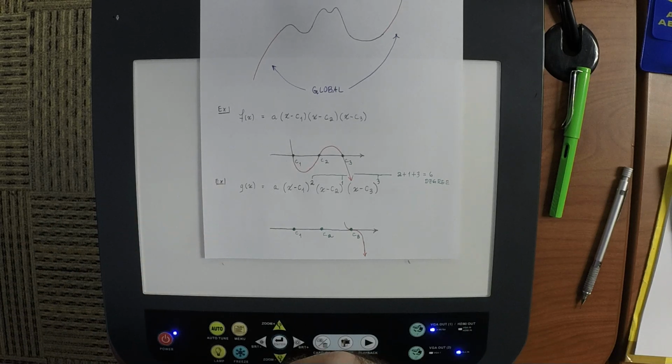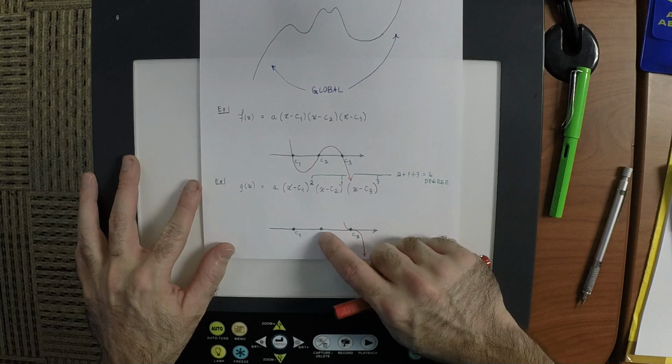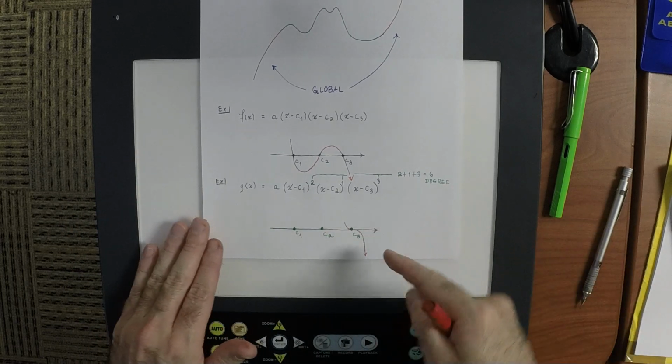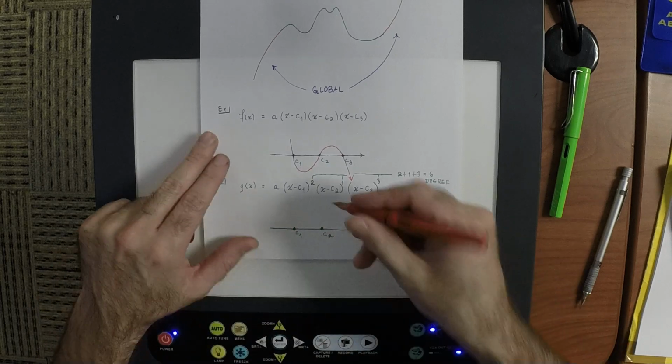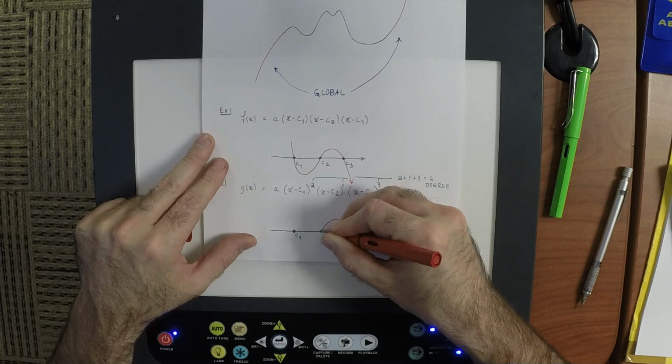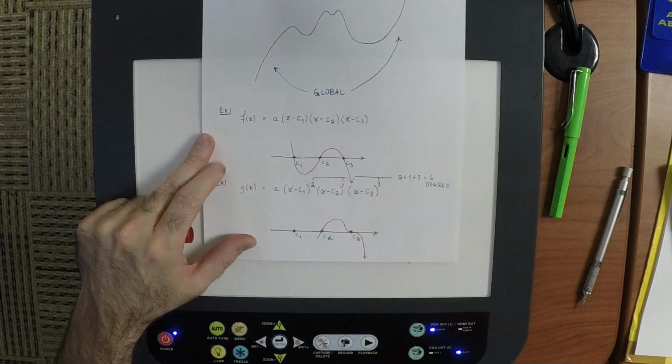So what is the shape of a polynomial of degree 1? A line. Yeah, a line. So we're going to pass through C2 kind of like a line, not with a curve, but right through it. So something like that.